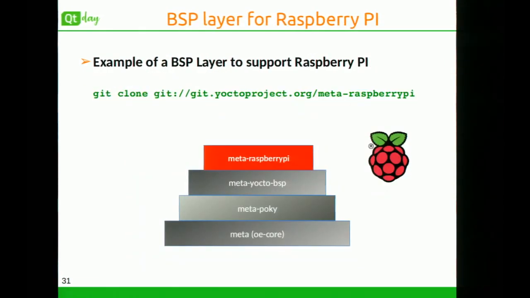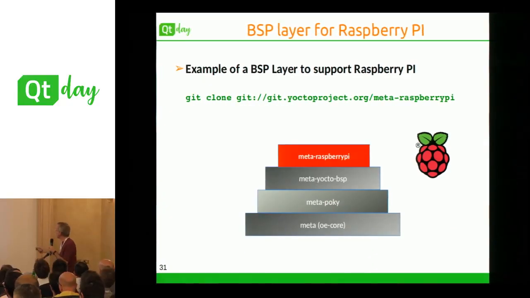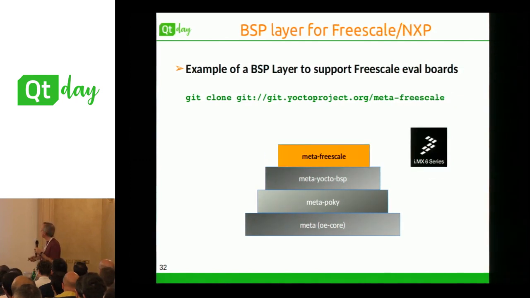So what I need to do if I want to play with the Raspberry Pi, I simply need to add my meta-raspberrypi layer to what I have downloaded so far. So in addition to the 3 basic layers, I need meta-raspberrypi. And if I want to build with Freescale NXP evaluation boards, I need meta-freescale.